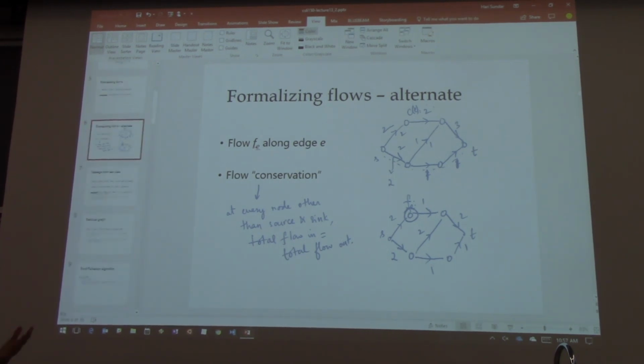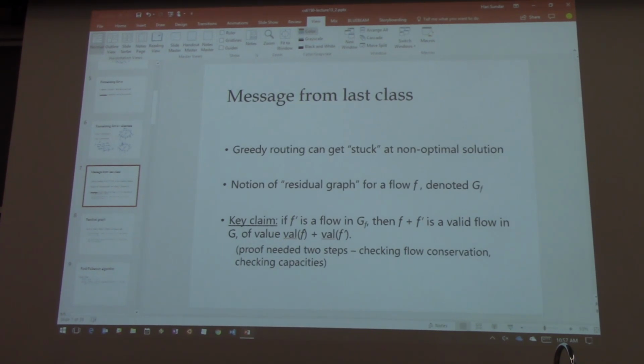And last time we also saw algorithms for it. The message from last time is that if you just do greedy routing, and what we meant by greedy routing was: find a path, route as much flow as possible along that path.